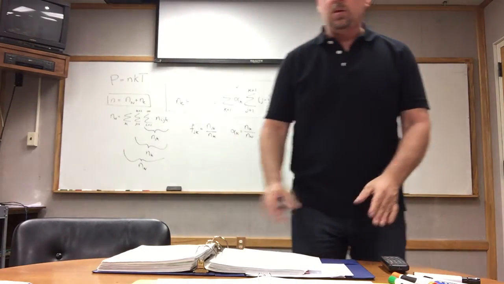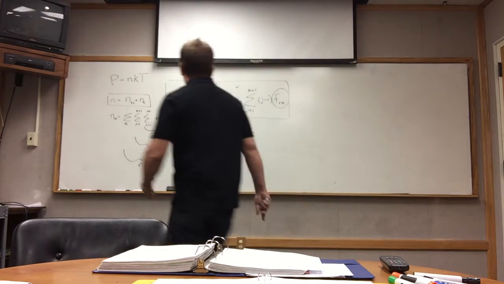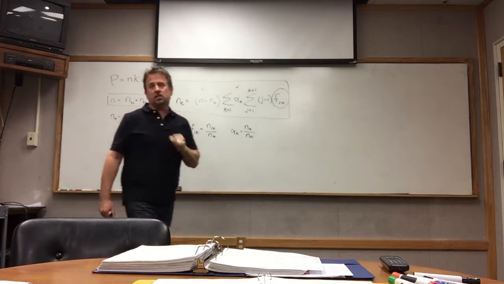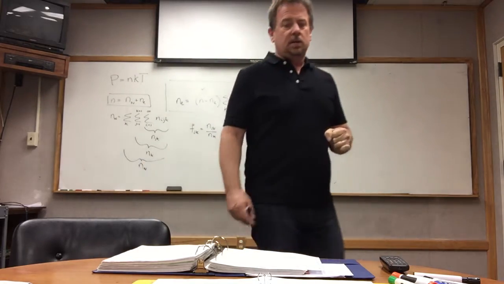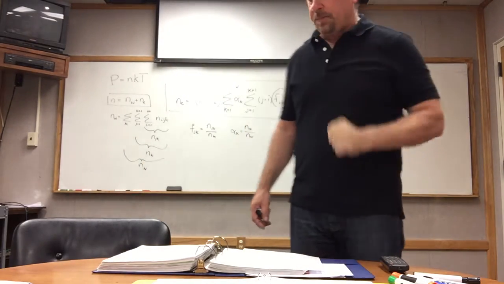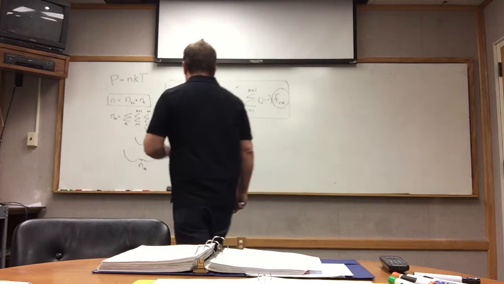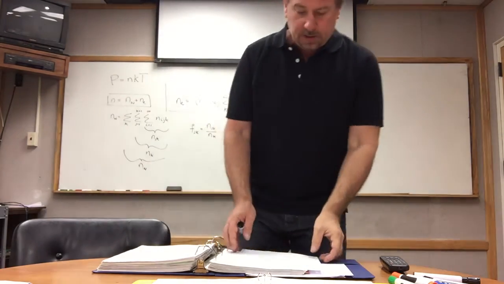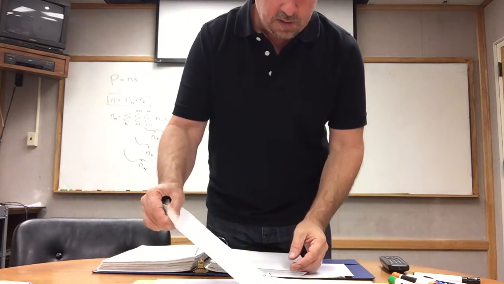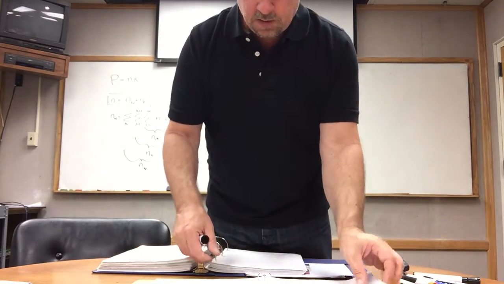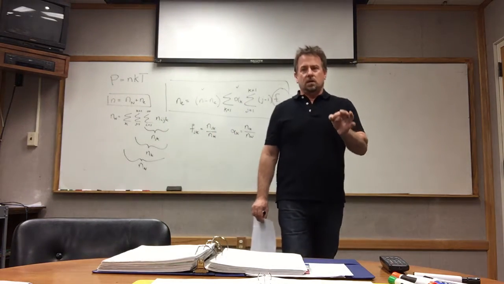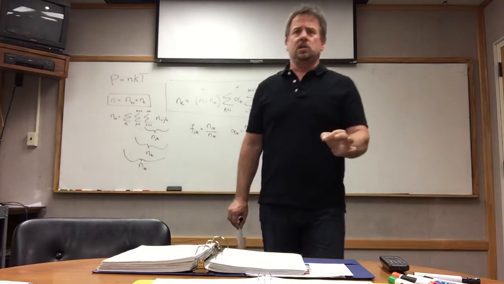Okay, but what I want to do is go back to this pressure, and I want to talk to you about mean molecular weights today. Mean molecular weights come about because in the end, a lot of people like to talk not about number densities, but about mass densities.